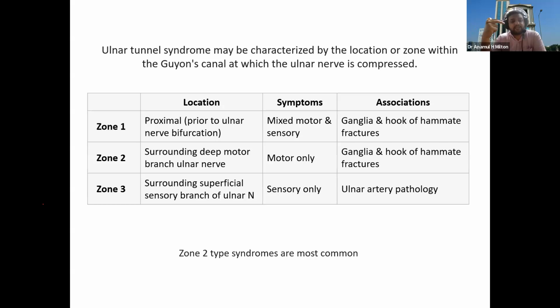The second area, zone 2, involves only the deep motor branch of the ulnar nerve, so mainly the motor is lost.